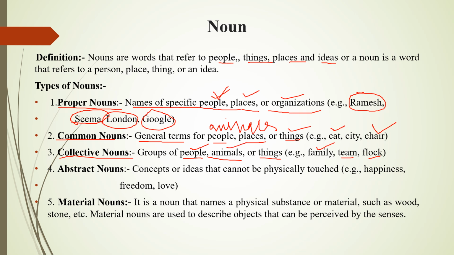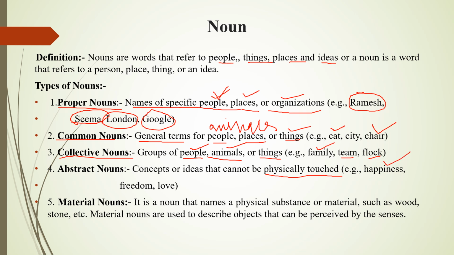Then abstract noun. Abstract nouns are concepts or ideas that cannot be physically touched. Here we have to pay attention to this: abstract nouns can neither be seen nor physically touched. Like we say happiness.